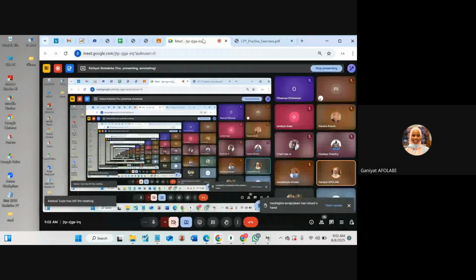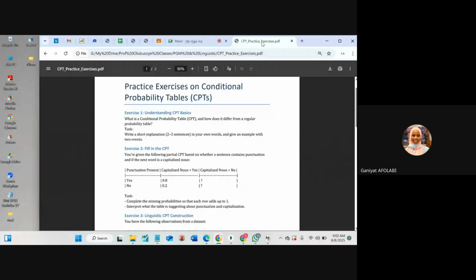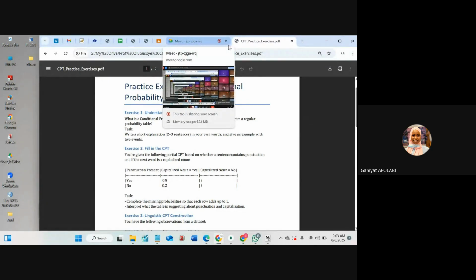I would say conditional probability shows the probability of an event happening, given that another one has happened. While a regular probability just states whether an event is going to happen or not.